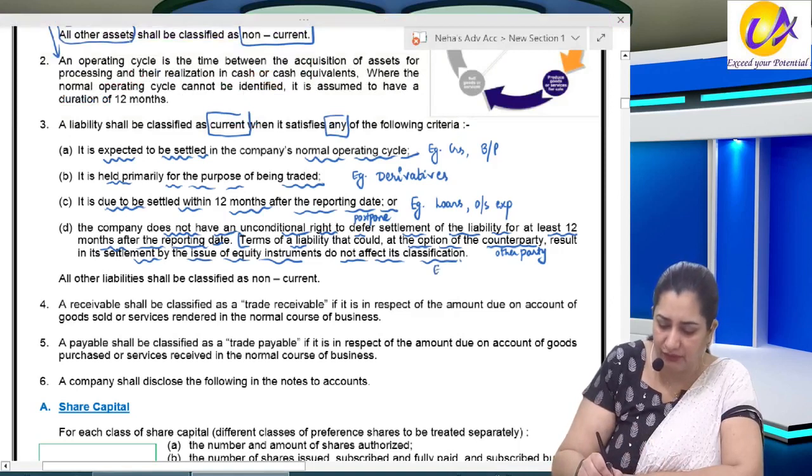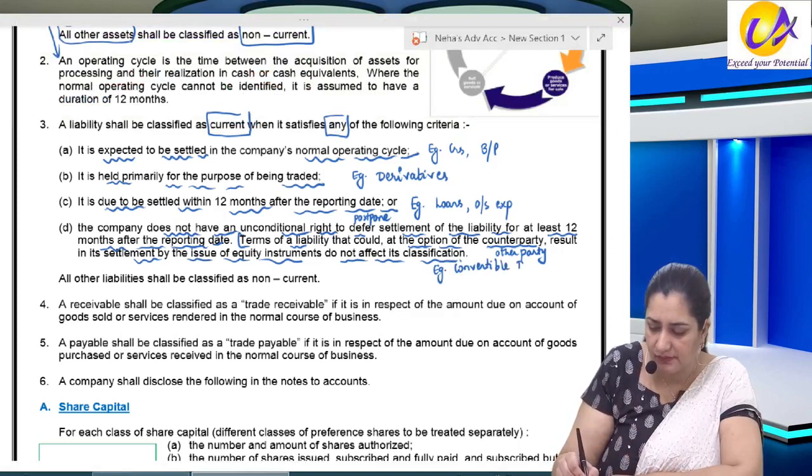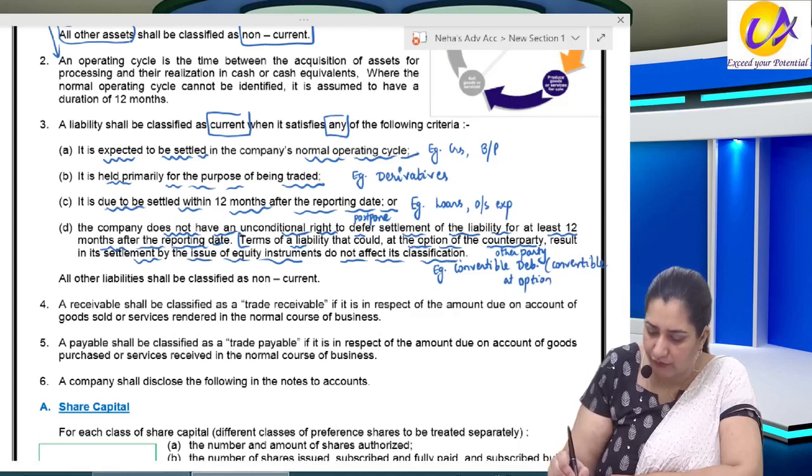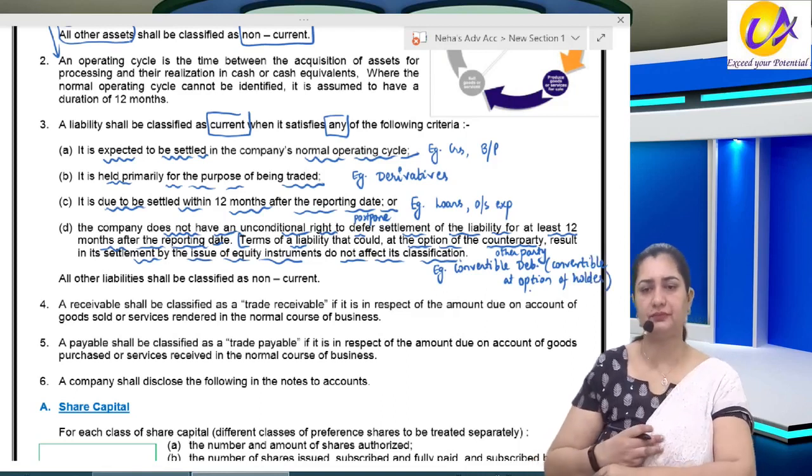Write down the example first. Convertible debentures, convertible at the option of the holder.